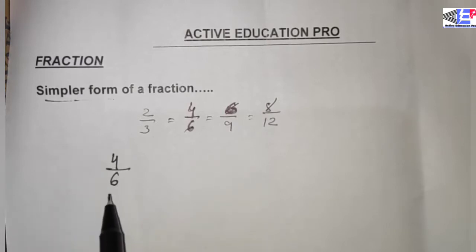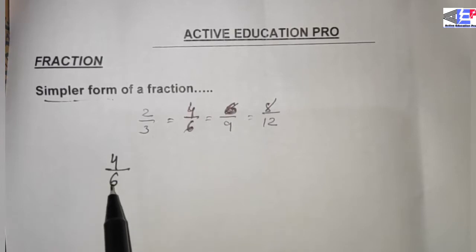Numerator is 4 and denominator is 6. If you remember the 2 table, 2 1s are 2, 2 2s are 4, 2 3s are 6. So 4 and 6 both are present in the 2 table, but not in the 3 table, 4 table, 5 table, etc.